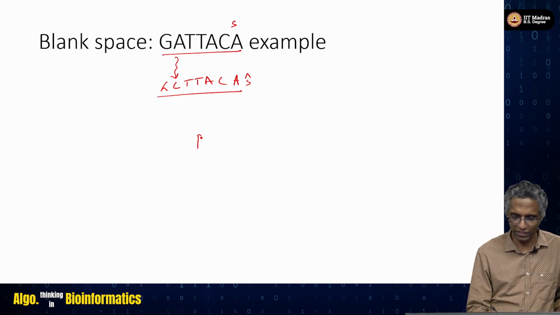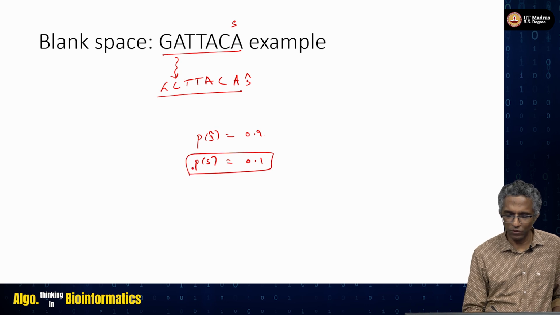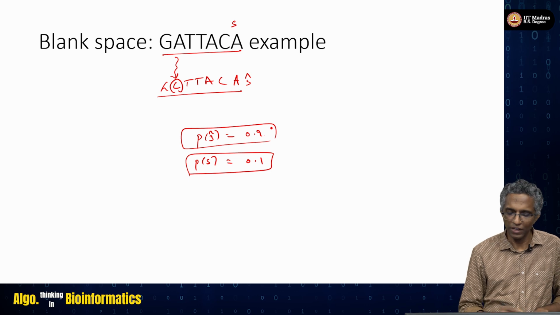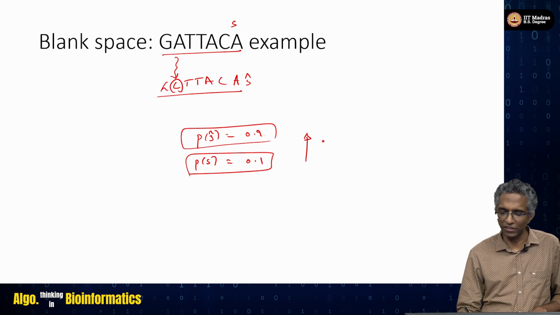So, in this particular case, if P of S hat is, let us say, 0.9, and P of S is 0.1, S was not binding to the protein, now S hat with the C change is binding to the protein. So, there is an increase in binding strength.